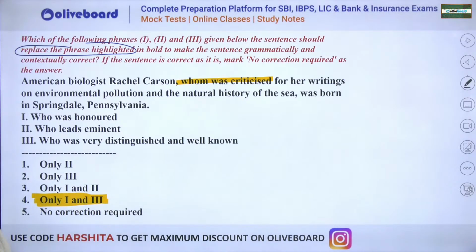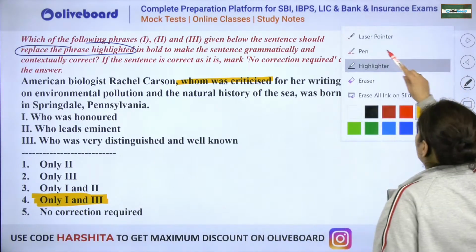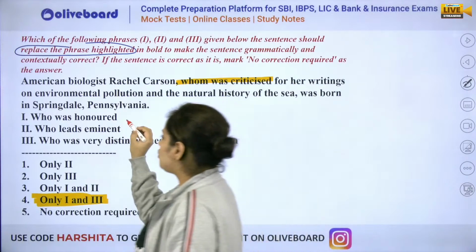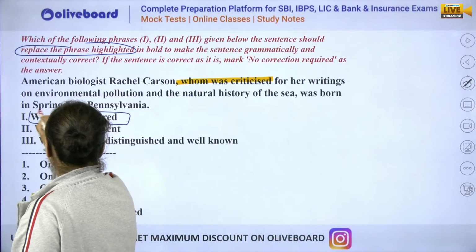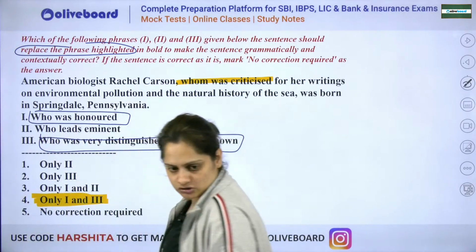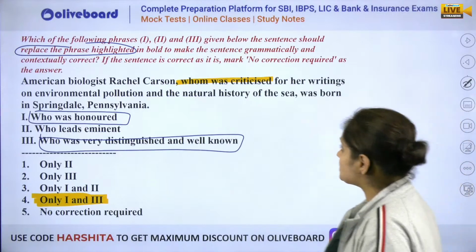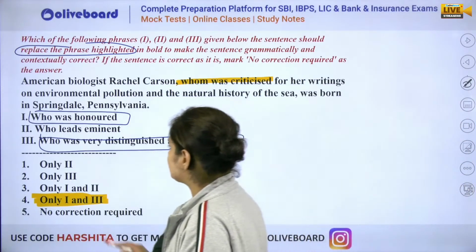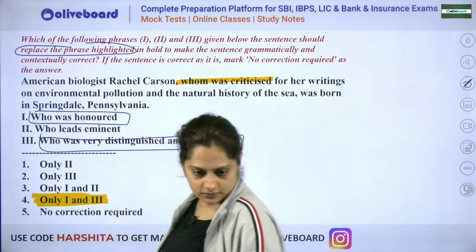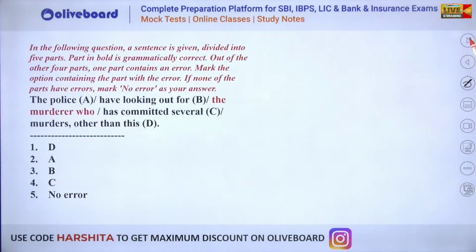Now, "who leads eminent for her writings" you can't say, because after the phrase what is given? "For her writings." So "honored for," or you can also write "very well known for." Check the preposition also. Okay, doable one. Clear? Also past tense is given, so "who leads" is also wrong. You have so many hints where you can get the answer easily.